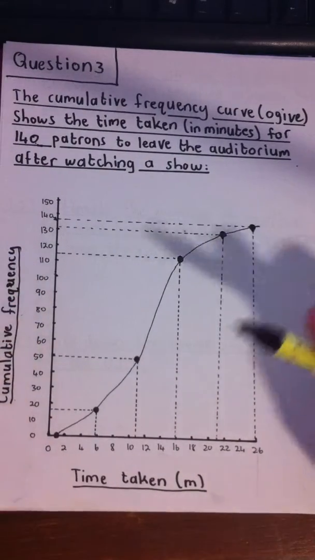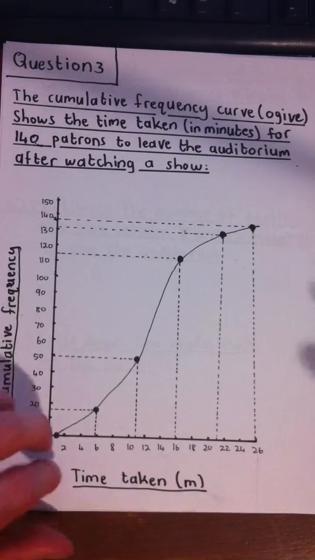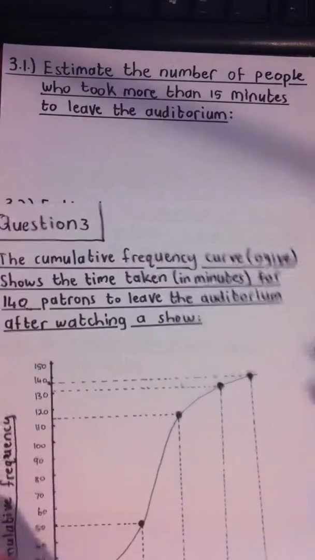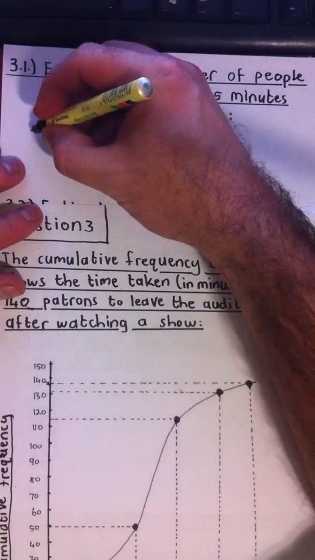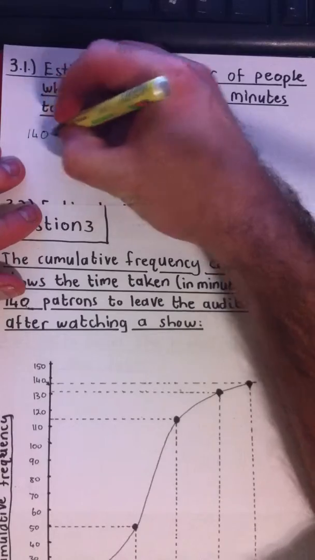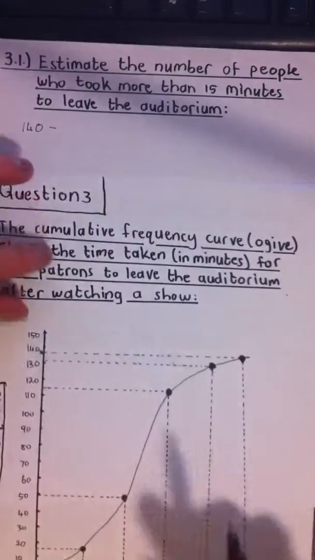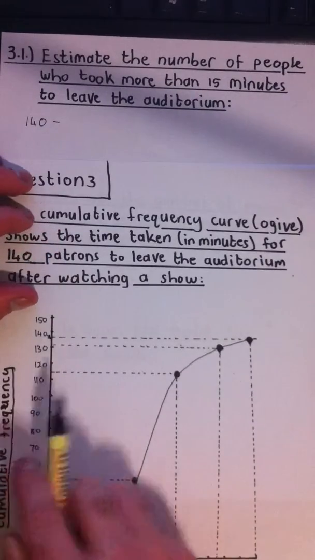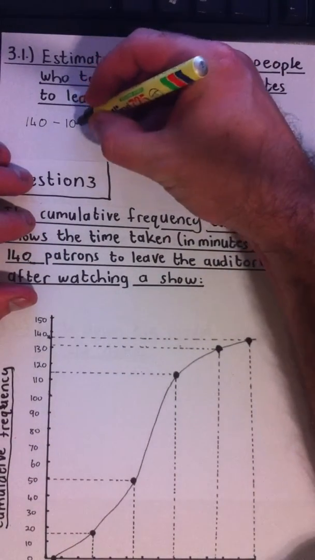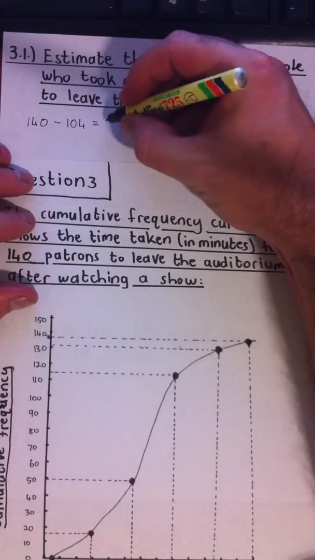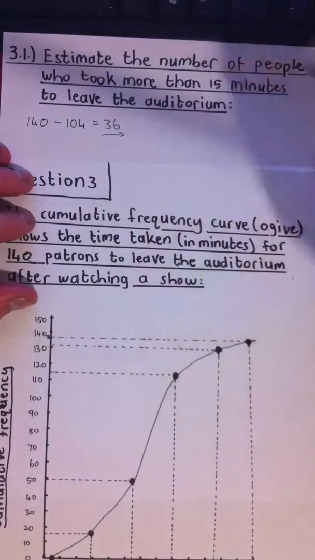So the number of people that took more than 15 minutes to leave the auditorium would be the total number of people, which is 140, minus the people that took less than 15 minutes, which we read off here as 104. So 140 minus 104 is equal to 36 people.